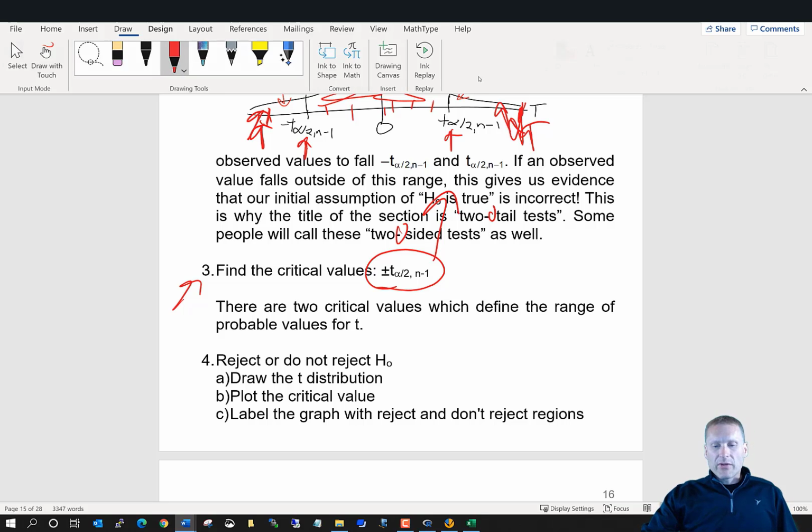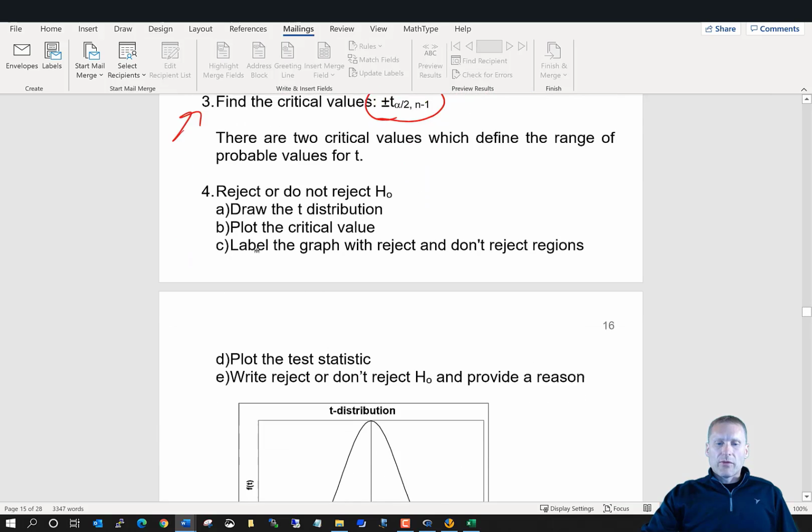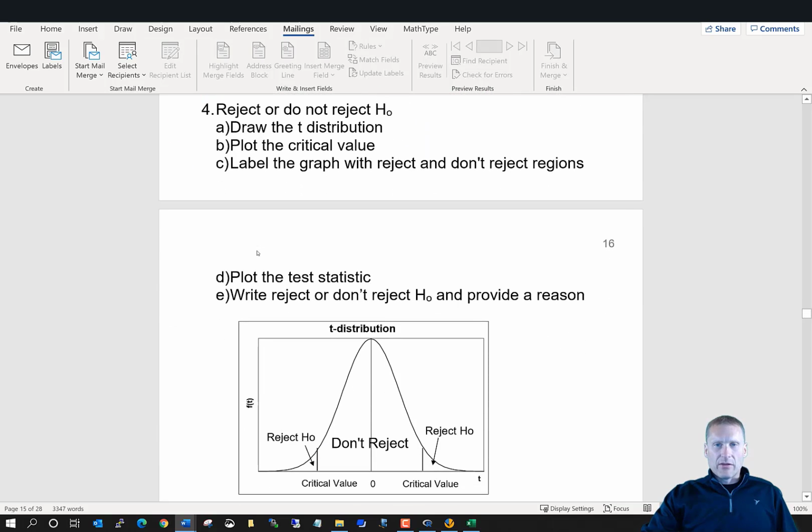And then step 4, decide if you reject or don't reject. And especially when you're first learning how to do hypothesis tests, it's always helpful to draw out what the t distribution would look like. It doesn't have to be to scale, but if you draw it out, this will really help you understand how the hypothesis test works.